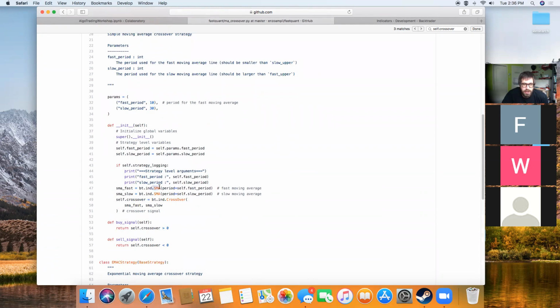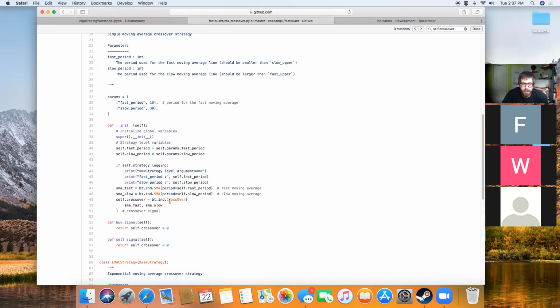They're using the SMA indicator, and they are just passing the period. So they are doing 2 SMA indicators, one fast, one slow, and then they are using the crossover indicator, which simply compares them and returns a positive or negative value.